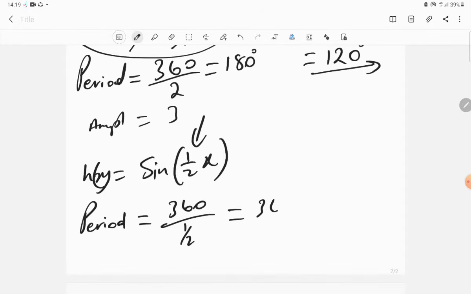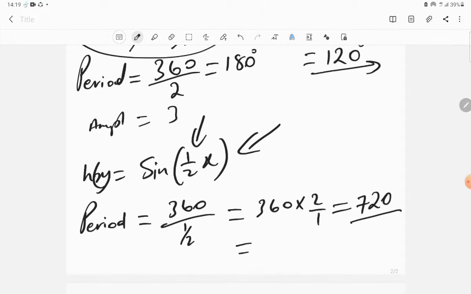Instead, it's 360 times 2/1, because if you have a division of a division, you change it to multiplication, so the numerator becomes the denominator and the denominator becomes the numerator. Otherwise, you can just say 360 divided by 0.5, you will then get 720. 360 times 2 is really equal to 720. So this is going to be the period of this graph.